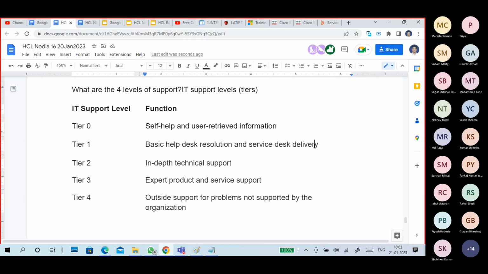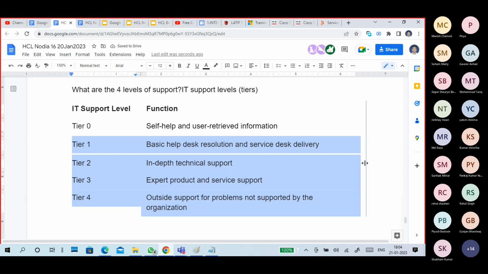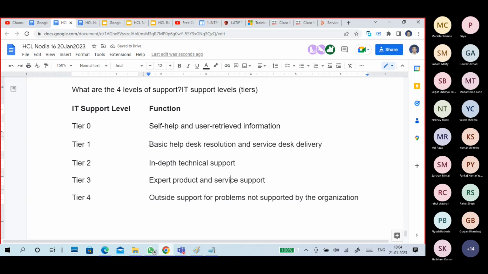Okay, what is tier 2? Tier 2 is basic help desk solutions. If an issue is directly reported to tier 1, they will try to understand the issue. If the issue is of level 1, they will try to resolve it, and also they will take care of the service desk.